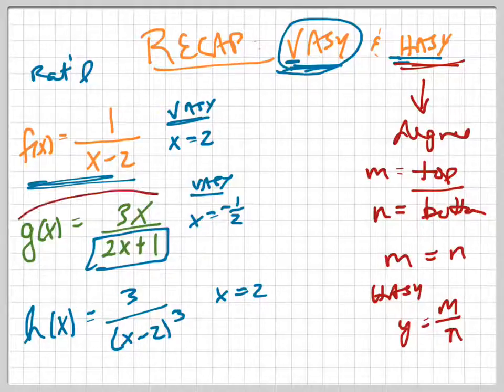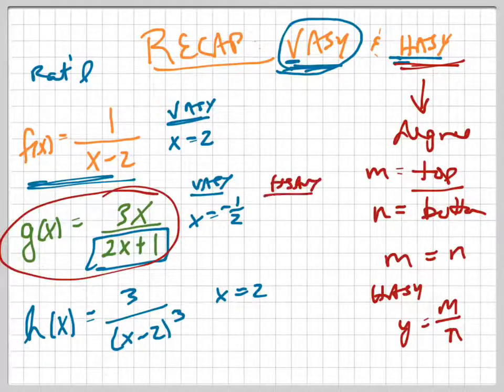So for instance, on this green one, the HASY is going to be, I spelled HASY wrong, the horizontal asymptote is going to be y equals 3/2, because the degree of the top and bottom are both 1. So the horizontal asymptote is y equals 3/2.